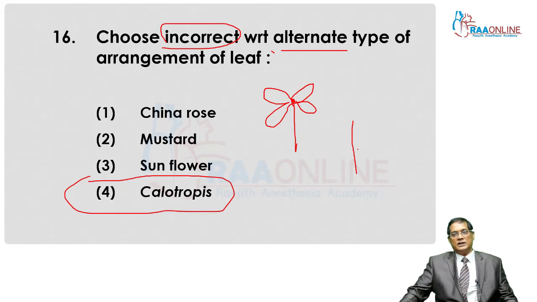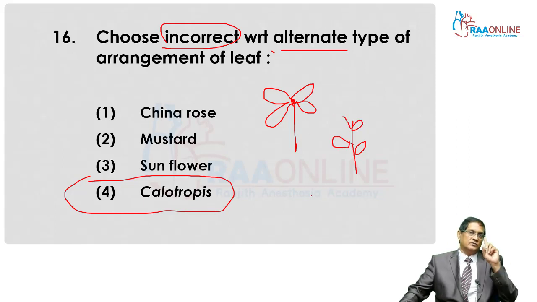What is alternate? That is, one node gives only one leaf. This is alternate phyllotaxy. If there are two leaves, then it is called opposite.